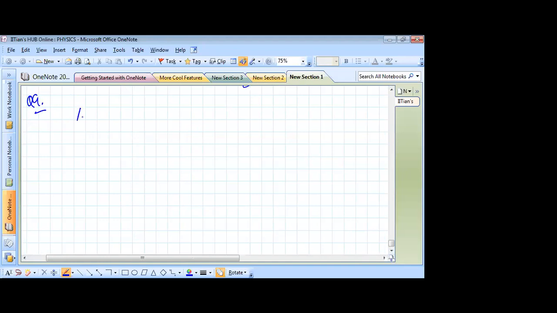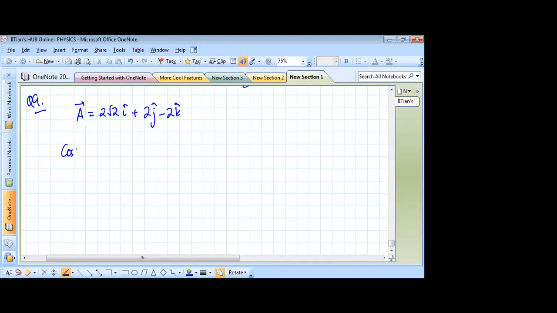Vector a is given to us as 2√2 i cap plus 2 j cap minus 2 k cap.